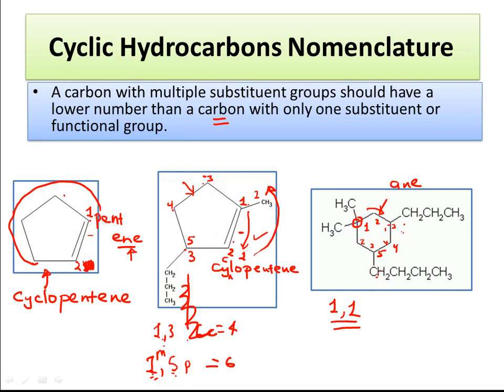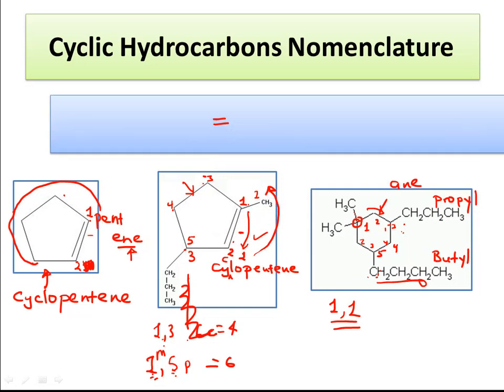So preferably I'll just go this way, because I've got a butyl group here. It comes first alphabetically. That's why I'm coming this way. And this one is a propyl group. Okay. So this one here is cyclohexane, but it has got methyl groups on carbon 1. It has got a butyl group on carbon 3 and a propyl group on carbon 5.